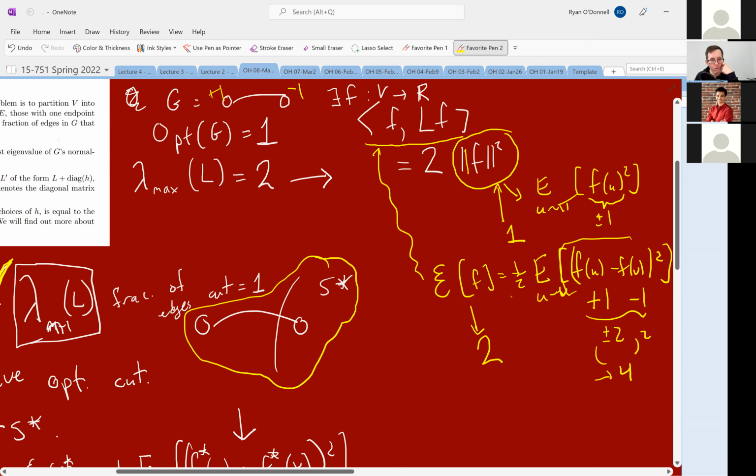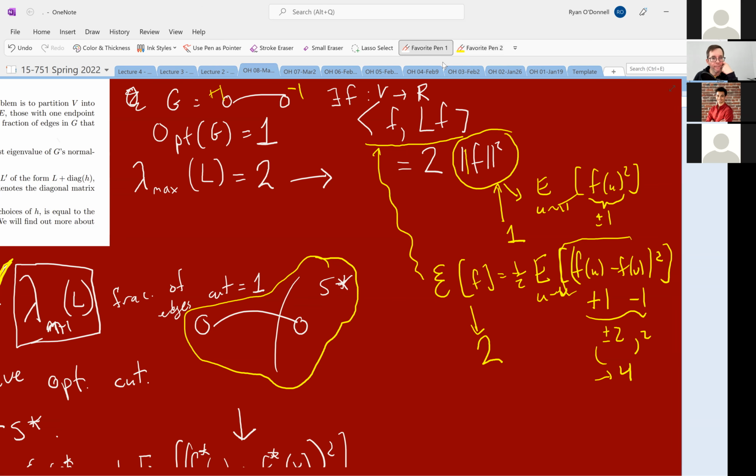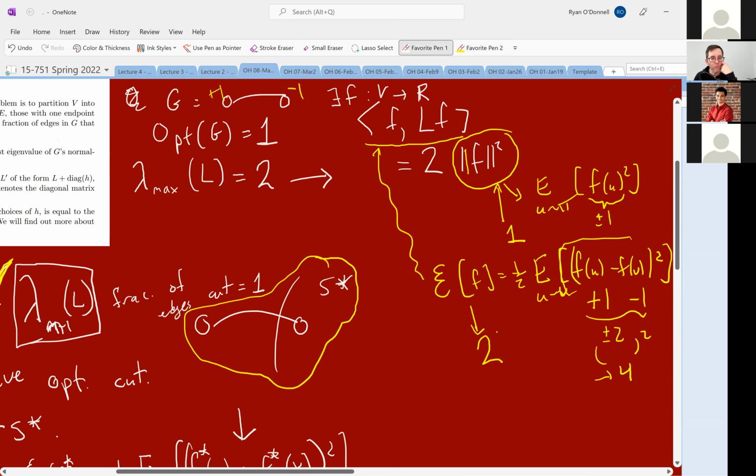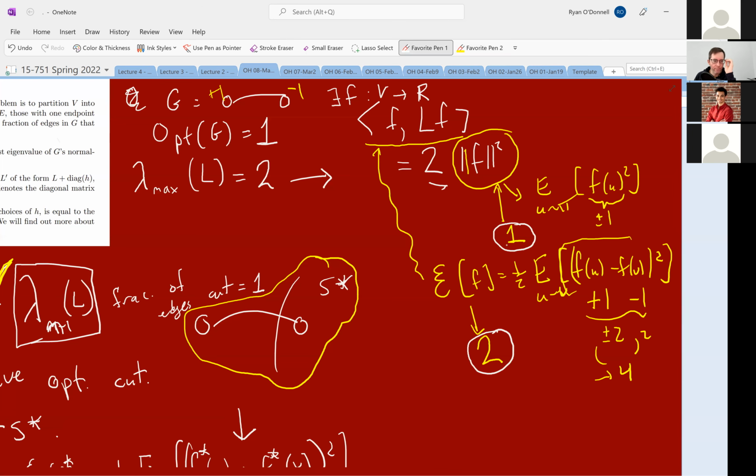Does that check out? Makes sense. So for this one where it's plus or minus 1, this is 2. And it's good because here's the factor of 2 and then it's 1. So here's a case where everything is exactly tight.